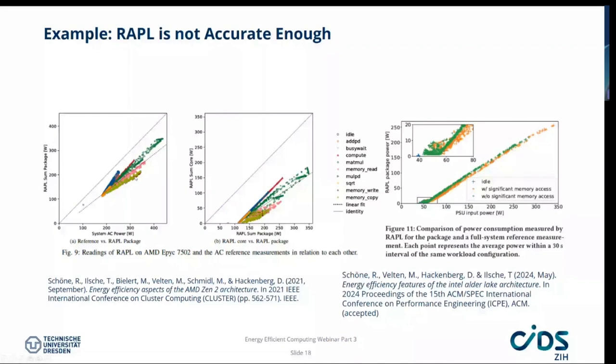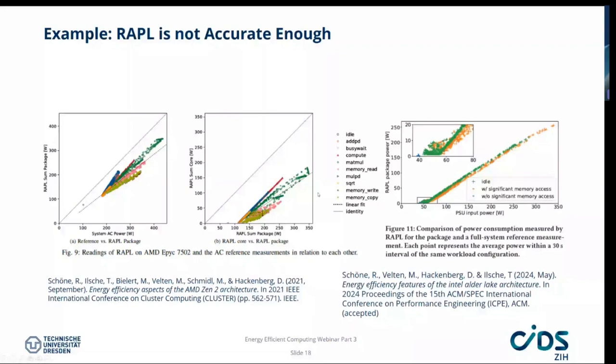So you cannot necessarily take the RAPL sum package as some kind of given number that you can use to publish your data and say that's the energy that I needed. It's also here in parts because AMD doesn't support the DRAM channel.